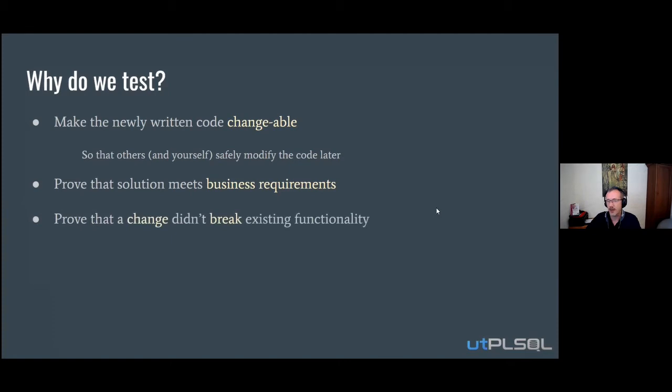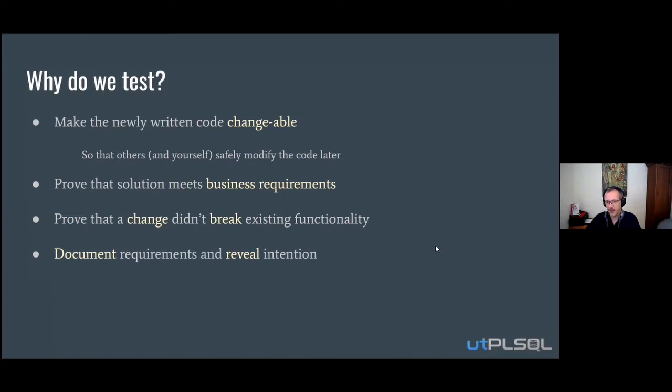Additionally, if we're talking about change management, you want to make sure that the change you introduced in the existing software didn't break existing functionality. That's why having a portfolio of tests allows you to build confidence that if all of the tests are passing, nothing is broken. And finally, your tests can become living documentation of the requirements.